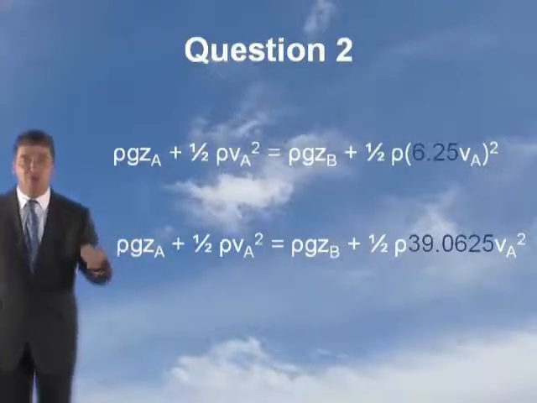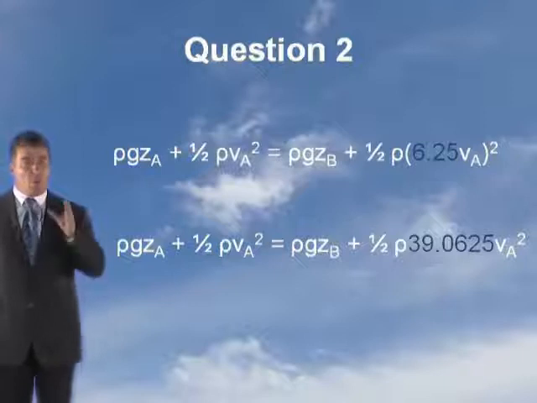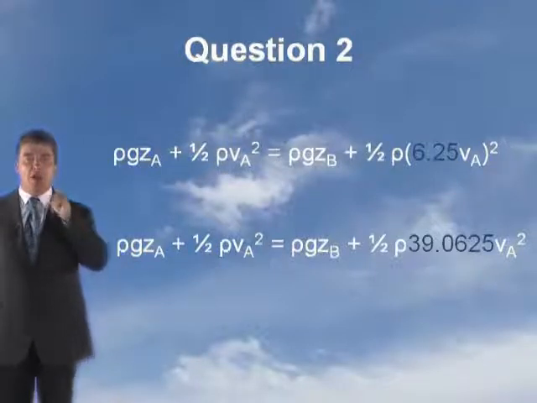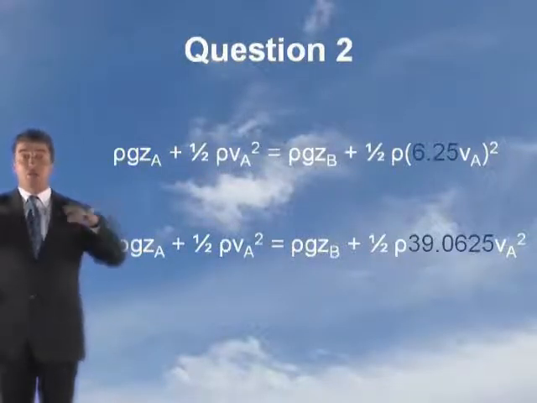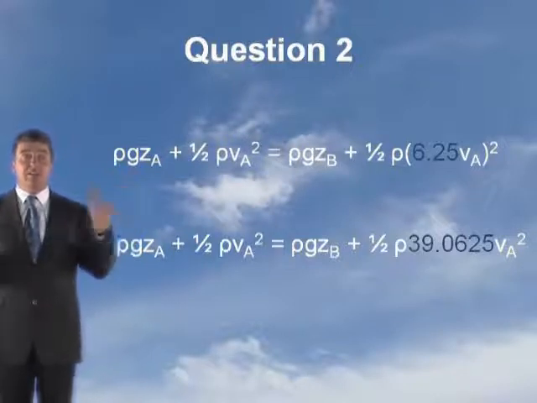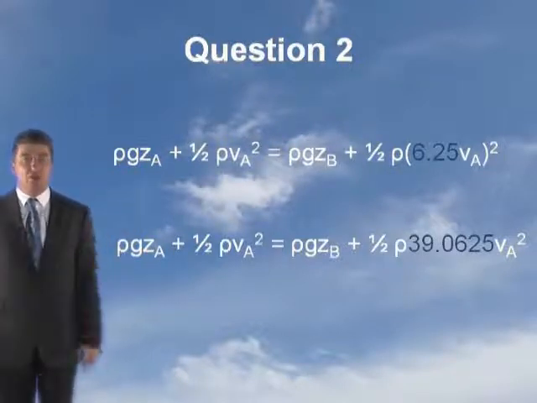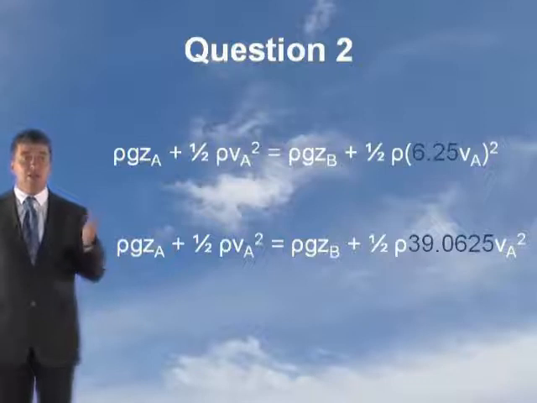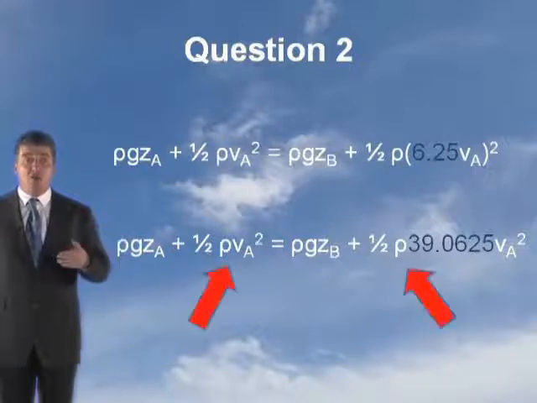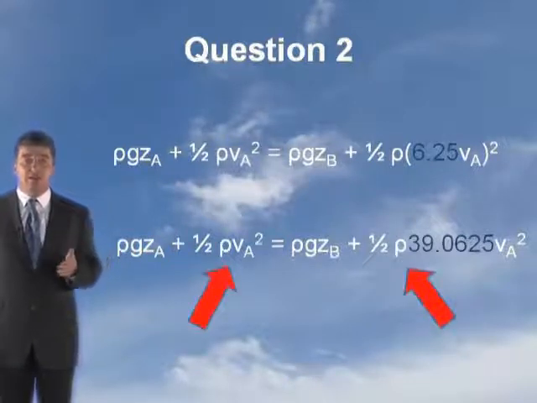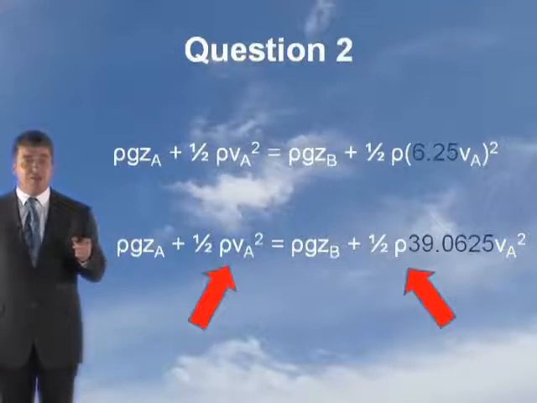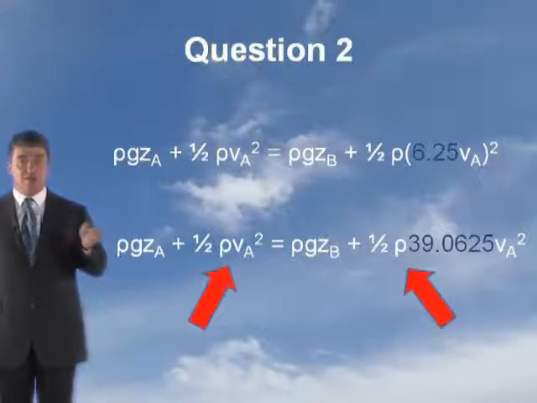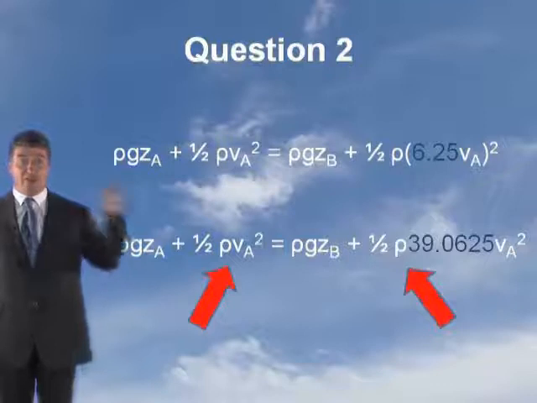You transpose the formula. Don't forget, when you transpose a formula, whatever you do to one side, you do to the other. Now, in this case, to get rid of one of these known entities, you take away one of the rho VA squareds. So instead of having 39.0625 at one end, you get this.